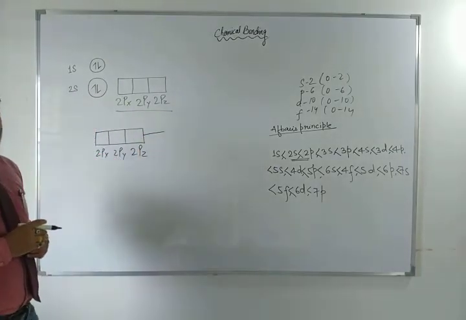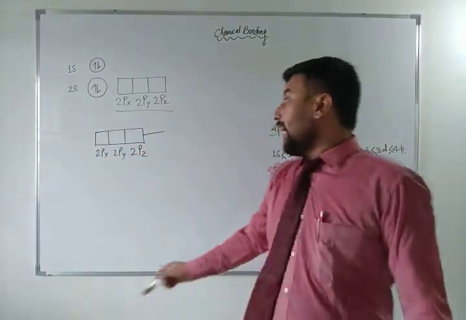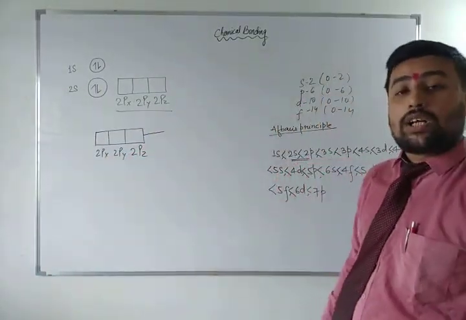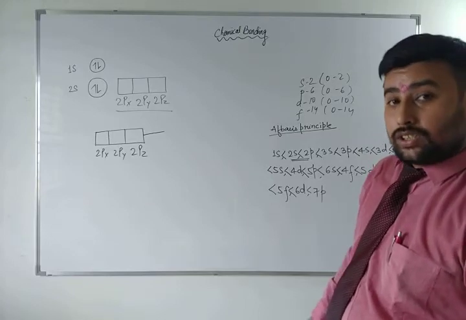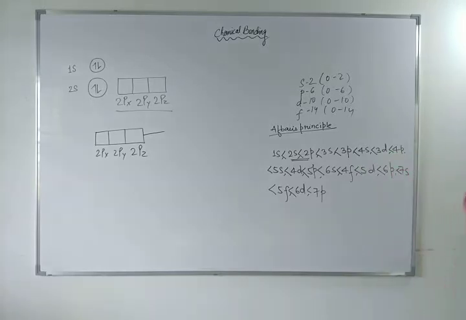How many parts? Two parts. Now the question is how they will split. 2px, 2py, 2pz, you know very well, are in three directions: X direction, Y direction, Z direction. Now the question is how they will separate. Now I am telling you.